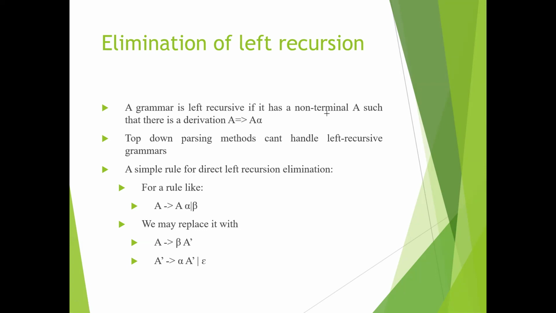Then we can rewrite that production: A which produces beta A dash, and again we have to write the production for A dash. That is, A dash which produces alpha A dash or epsilon. In this way, we can eliminate the left recursion from a grammar.